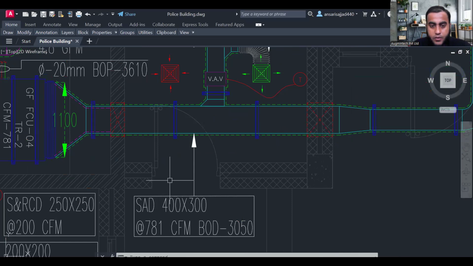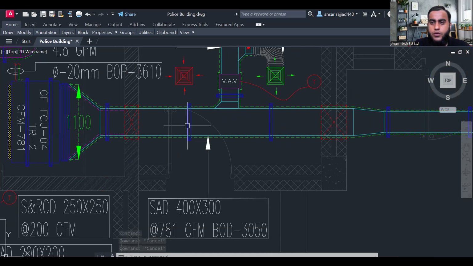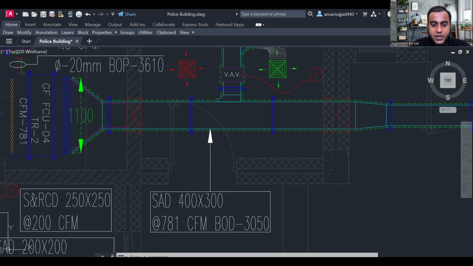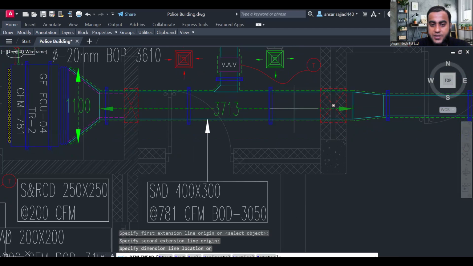Otherwise, you can enter by software also. You will get the value directly. So first let me know what is the size of this straight duct. 400 by 300, correct? And total length of straight duct is what? So by using DLI command, I am just measuring it. 3713, means near about 4 meter or 3.7 meter, correct?